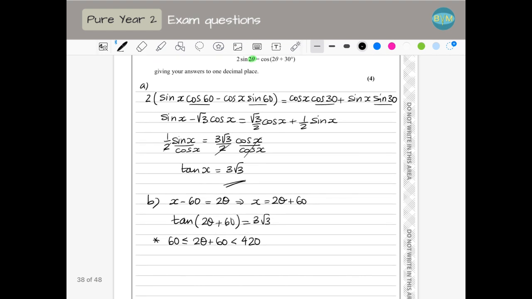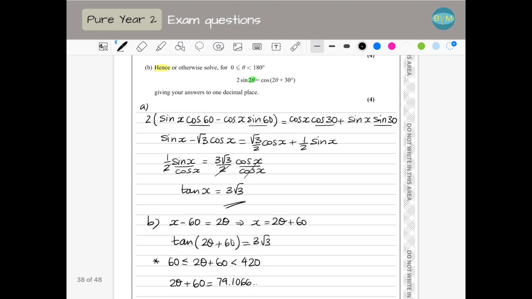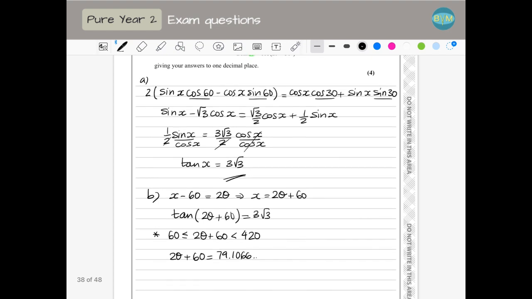If I do tan minus 1 of 3 root 3, I have 2 theta plus 60 is 79.1066. That's the first value that the calculator gives me. And this value is in my interval, so it's okay. I'm going to find the next value.